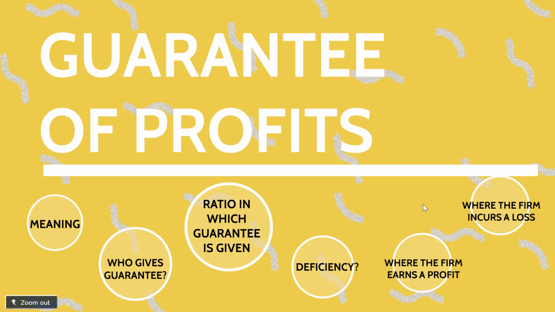In this video, we will discuss both the journal entries to be passed when the firm earns a profit for the year, as well as the ledger account which has to be prepared where the firm earns a profit and there is a guarantee of profits to any specific partner.